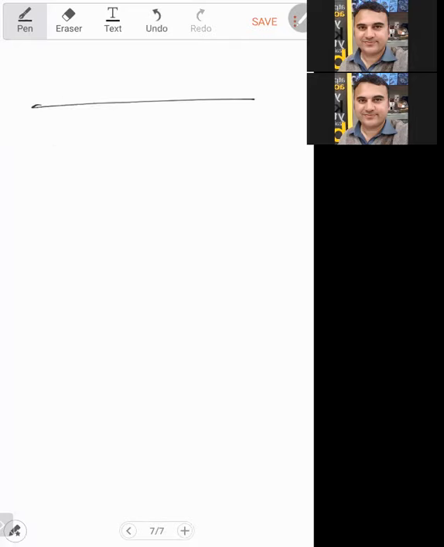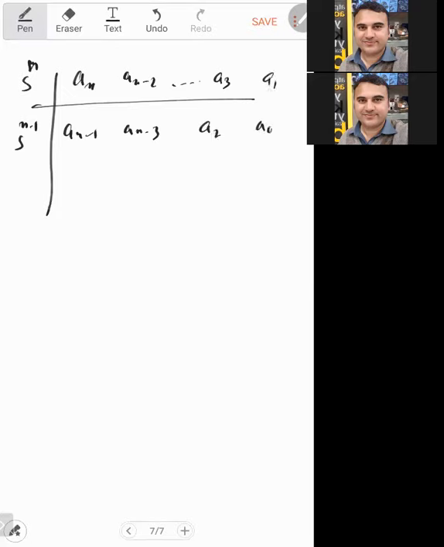This is the same: s power n, and then we have s power n minus 1, with coefficients a_n, then a_n minus 1, then a_n minus 2, then a_n minus 3, up to where? If it is odd, then you will get s power 3, then 2, then 1, then none. So we will finish up with this one.